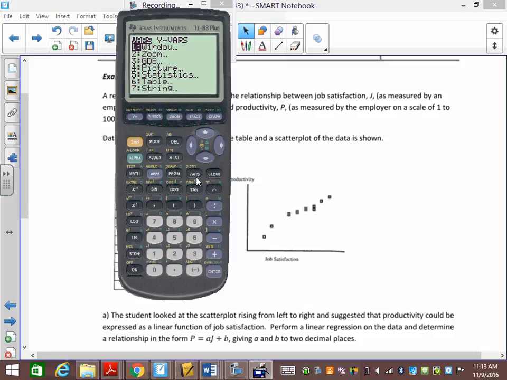It says send regression equation to y equals by pressing y equals, with the cursor in y1, do the following: VARS, down to Statistics, enter, over to EQ, enter, and it's in. So you go VARS, down to Statistics, over to EQ, and enter.